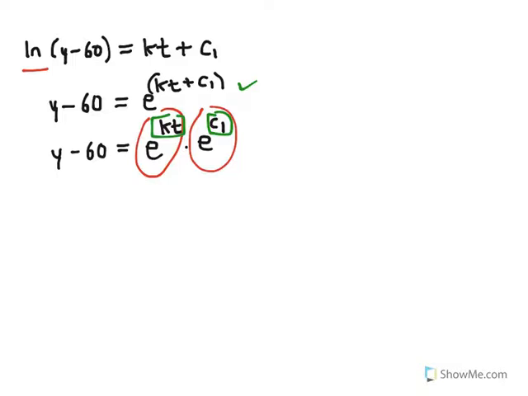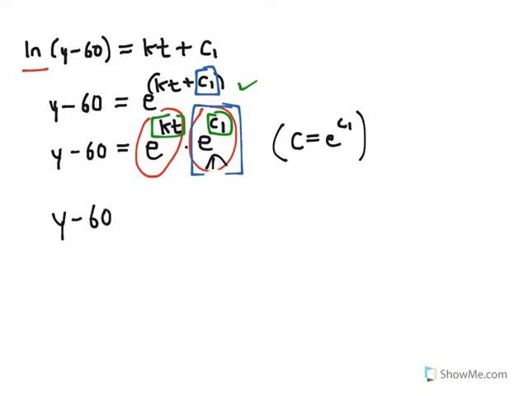But the good thing about doing this is that you see that you have e to the c sub 1, and c sub 1 is just a constant, an arbitrary constant. So e to the c sub 1 is just a constant. And we're going to simplify our model by just having c, because this is just a constant. So we now have y minus 60 is equal to c times e to the kt.